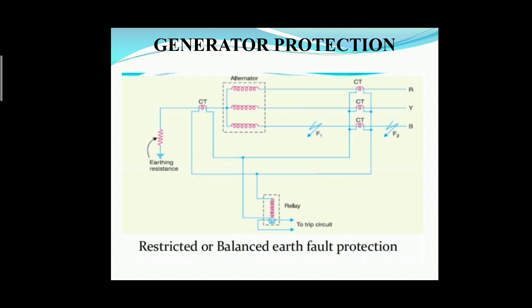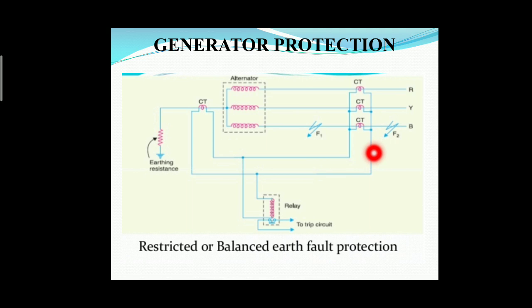Under normal operating conditions, or external fault conditions, the sum of the currents flowing in the secondary of the CT is 0.